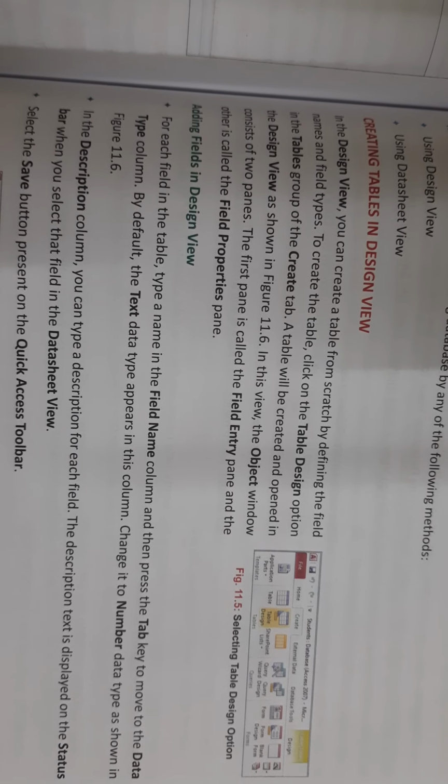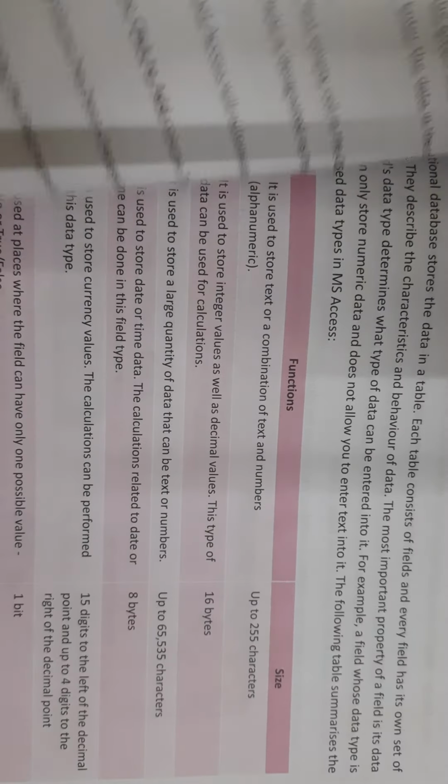Now how to add the fields in the design view? For each field in the table, you have to type the name in the field name column and then you have to press the tab key to move to the data type column. By default, the text data type appears in the column. You can change it to number data type as shown in the figure 11.6. Then you have to just save this.